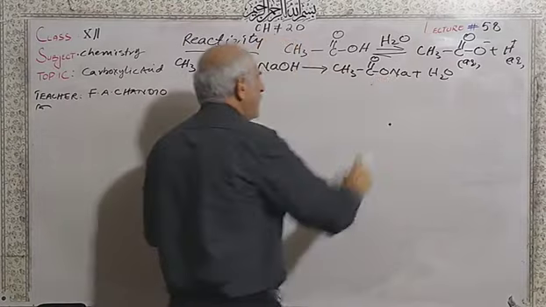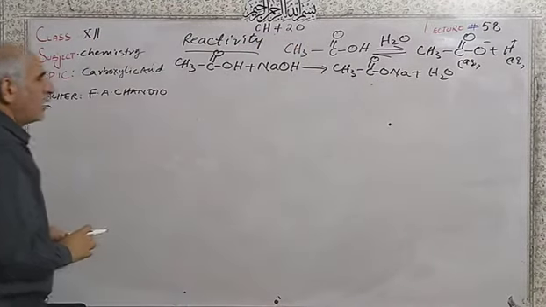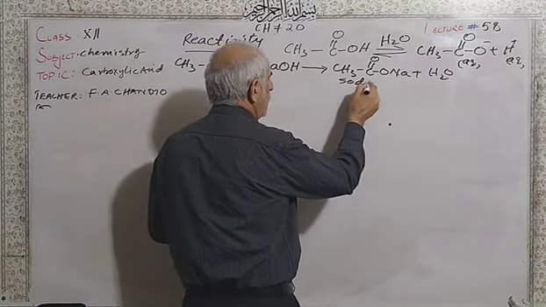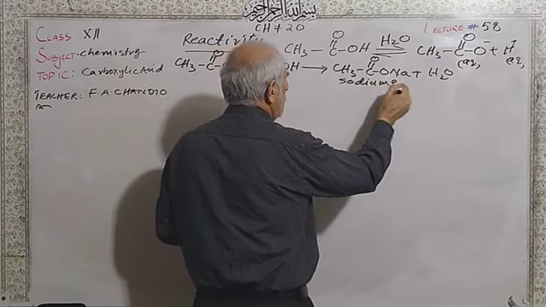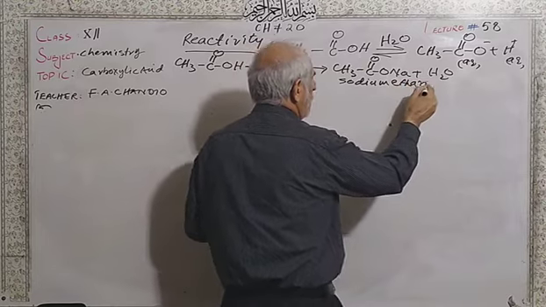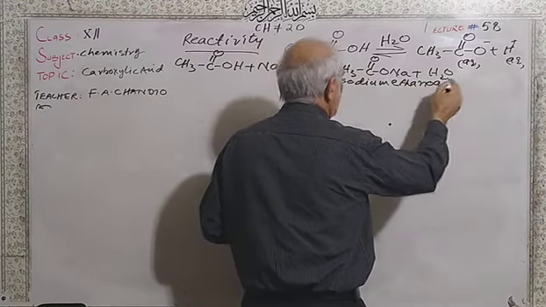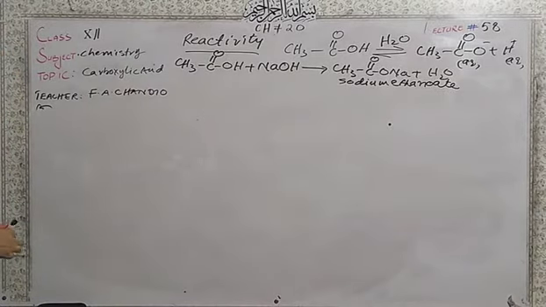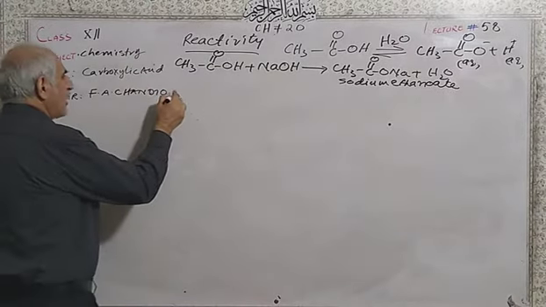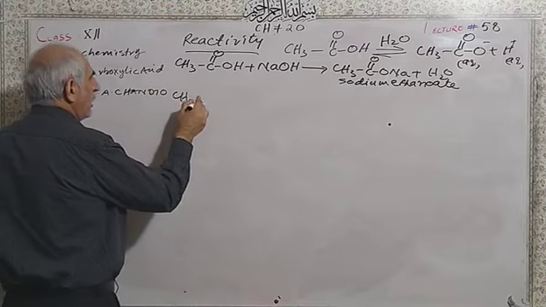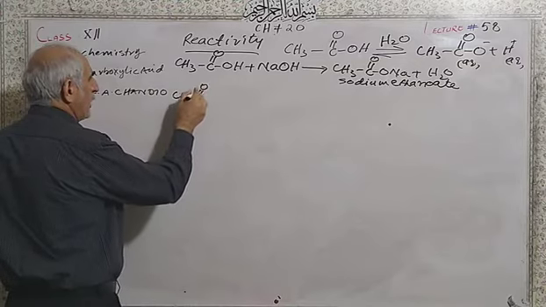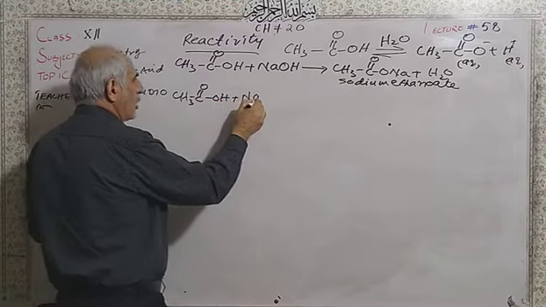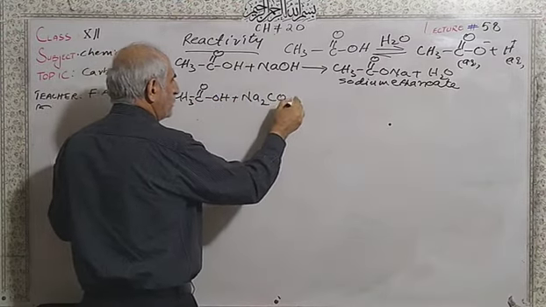So here the hydrogen is removed and sodium is added. This is called sodium ethanoate or sodium acetate. You will get the same chemical reaction when you react the carboxylic acid with sodium carbonate or sodium bicarbonate.